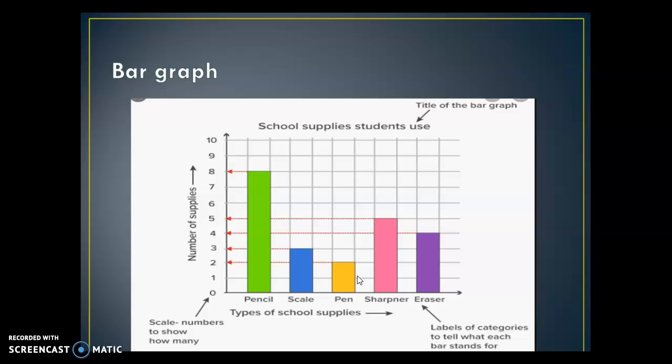So at the top we have the title of the bar graph, which says the school supplies students use. And in the x-axis we have the types of school supplies, and y-axis we have the number of school supplies.